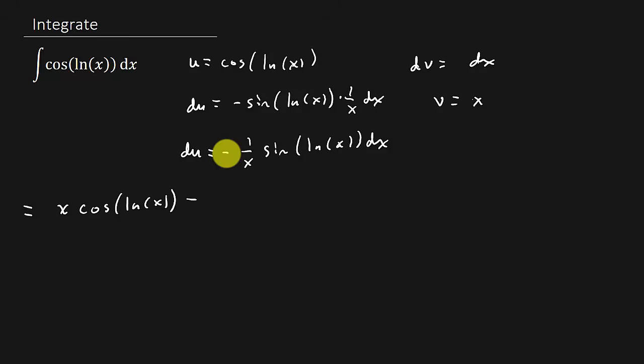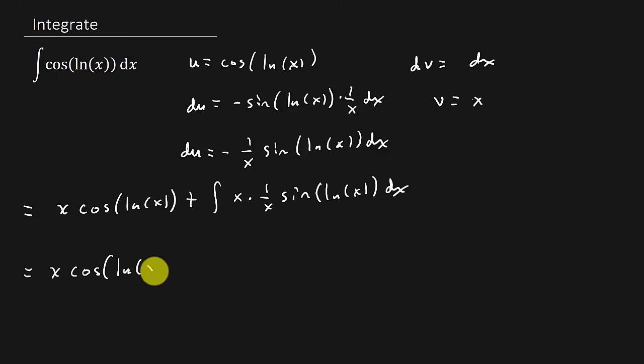So this negative and this negative are going to make a positive, and that's the integral of x times 1 over x sine natural log x dx, which is equal to x cosine natural log x plus the integral. Now here you can see that the x's cancel out, and that's going to leave us with sine natural log x dx.